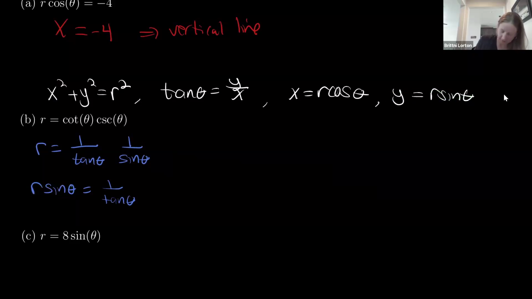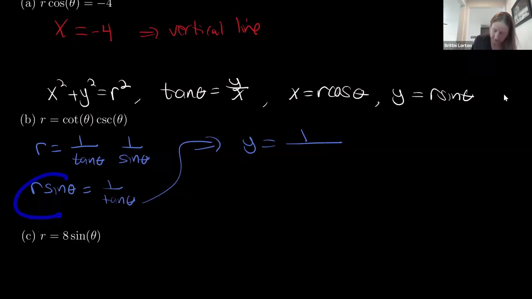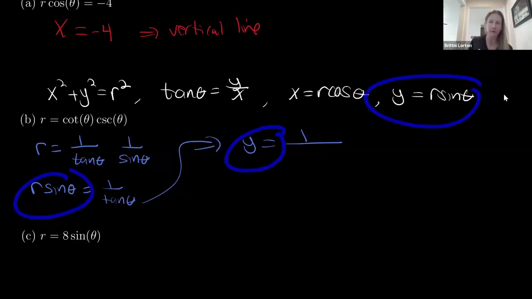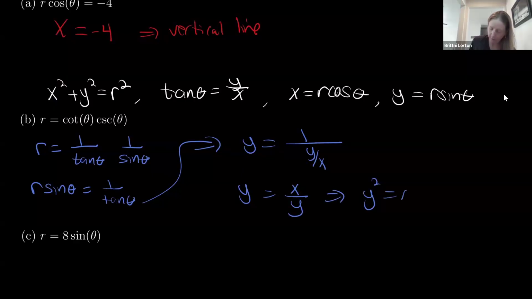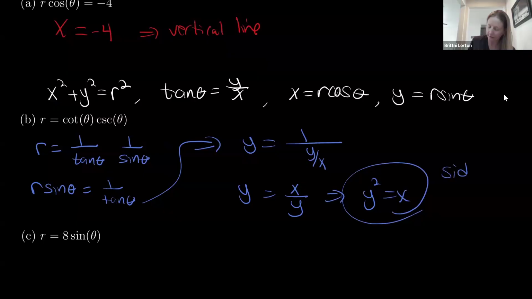Cool. All right. So now I'm going to run out of space. y equals 1 over tangent, because r sine is y. But tangent can be replaced with y over x. So y equals x over y, which means y squared equals x, which is a sideways parabola.